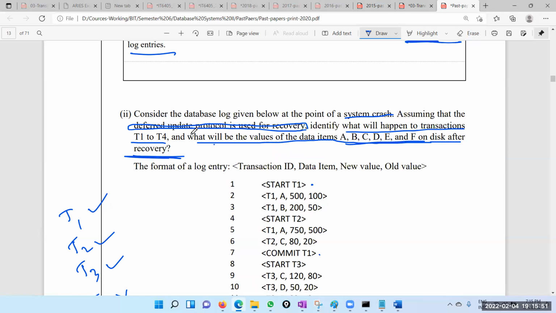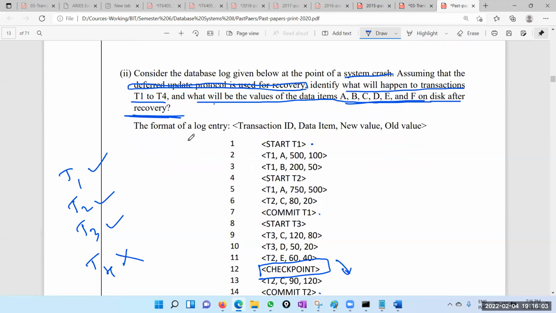We defer or postpone updates, even though the transaction is committed. But we never steal. Steal means updating without committing. For example, here, transaction 1 updates B from 50 to 200. So we don't make this change to the database until it is committed. That is what no steal means. So deferred update means no steal.